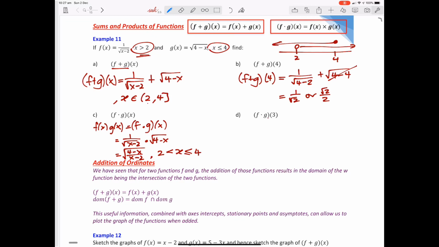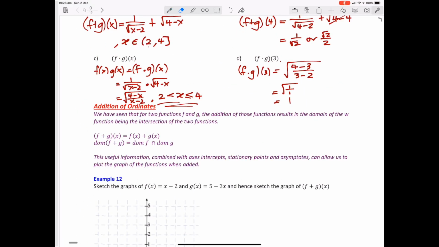Okay, so fg, the product of f and g, with 3 substituted in: fg of 3 means we substitute 3 into that function. 4 minus 3 on 3 minus 2, so we get root 1 on 1, which is just 1. And you could only evaluate between 2 and 4. You couldn't include 2, but you can include 4.